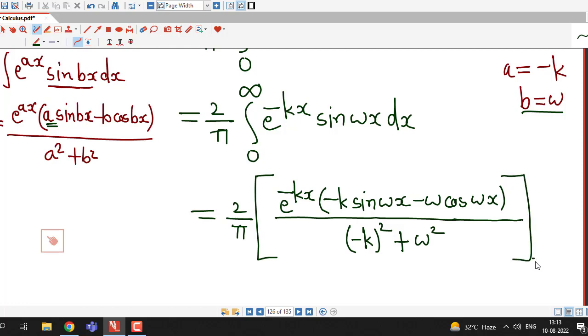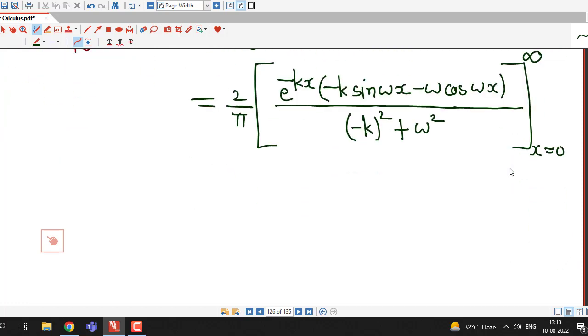Limits of integral are from x equal to 0 to infinity. At the upper limit, x is infinity, and because k is positive, we have e raised to minus infinity equal to 0.